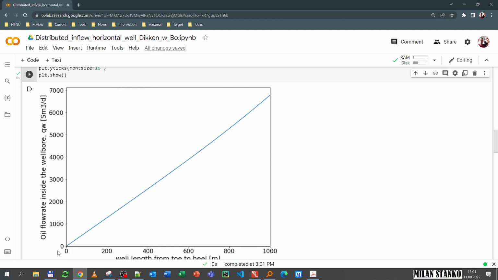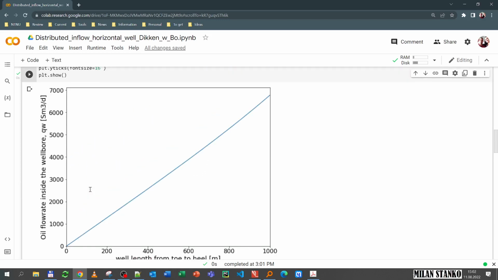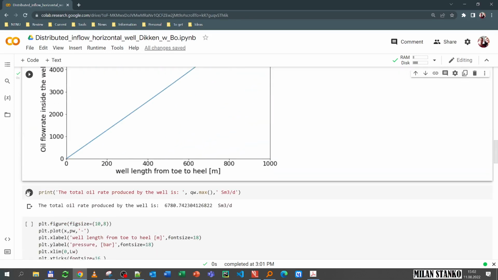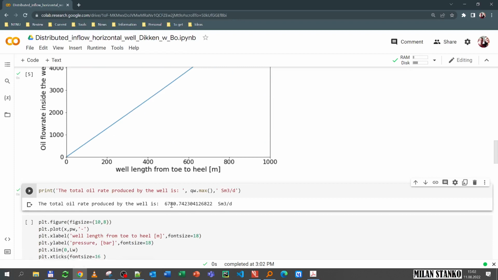You see that it is relatively linear, and that means the inflow might be very uniform, because if you have that shape, what is coming in every section of the wellbore is uniform. Here I'm looking at the maximum of that vector, Q max. It is a bit below 7,000, as we mentioned before.